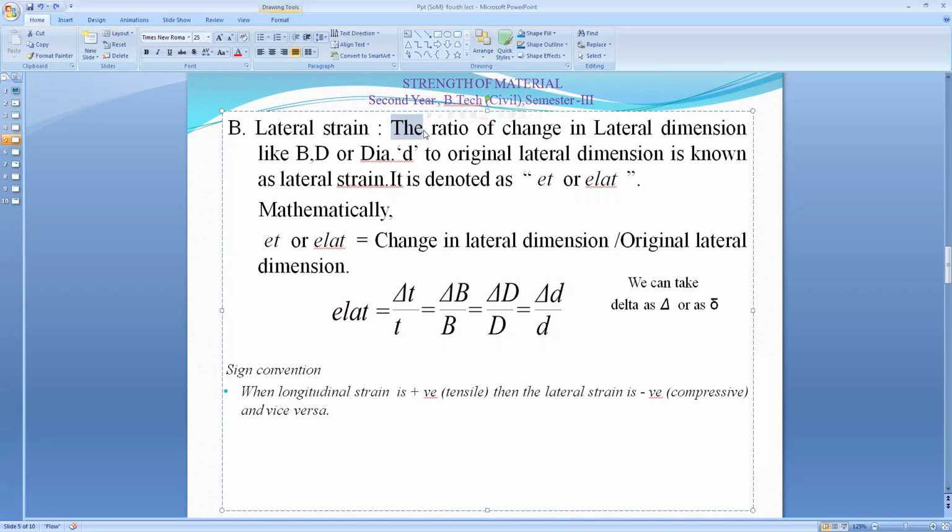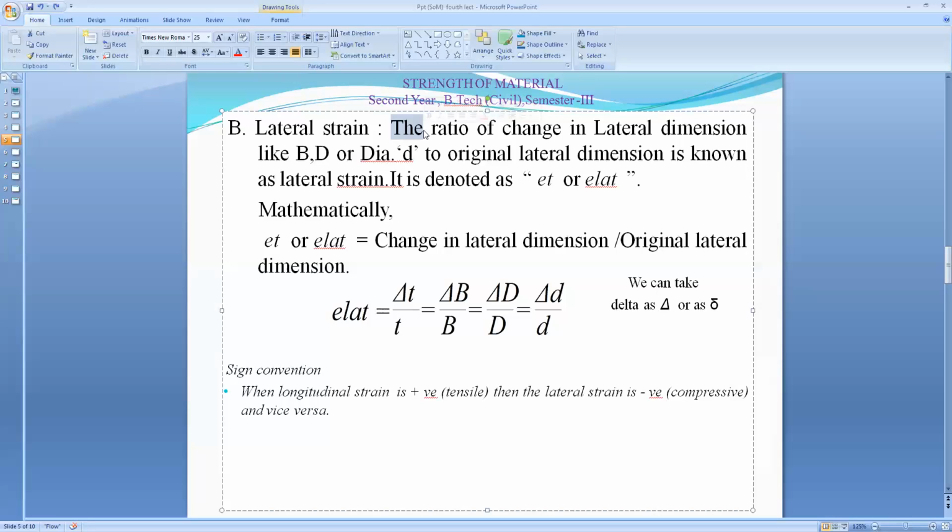If there is, say, 1 centimeter extension of that bar, the bar possesses a decrease in lateral dimension. Instead of diameter 16, we can get diameter 15, 14, 13 with respect to the rate of extension along the length of that body. If there is an extension, there is a decrease in lateral dimension, and vice versa.